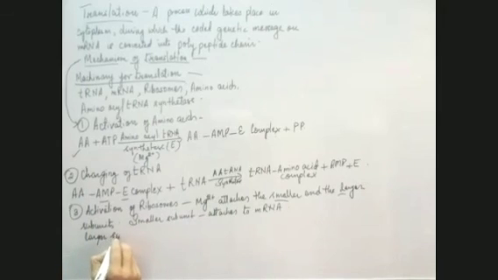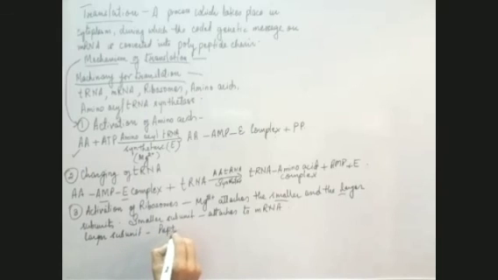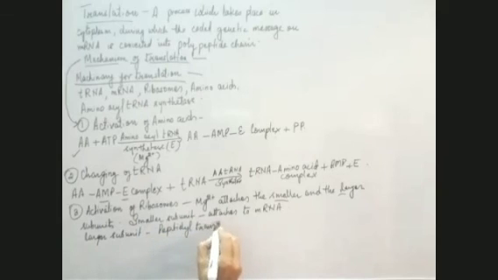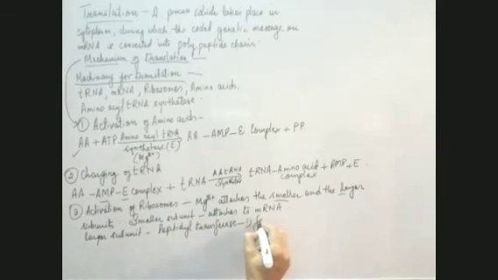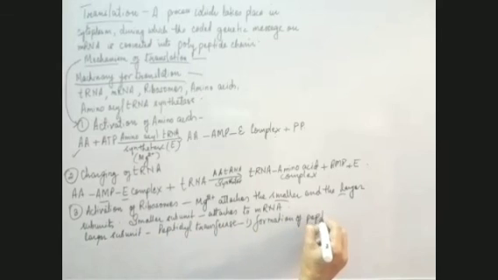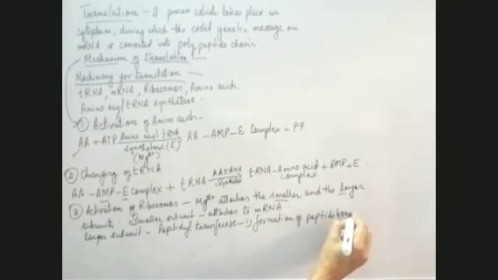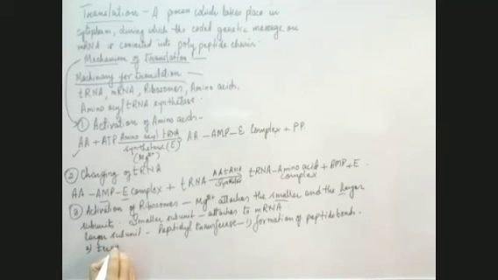The larger subunit has the enzyme peptidyl transferase, which carries out two functions. Number one is formation of peptide bonds. And the second function is termination of the polypeptide chain.